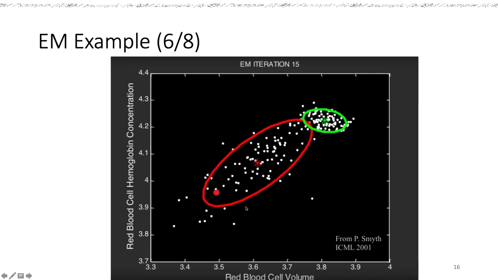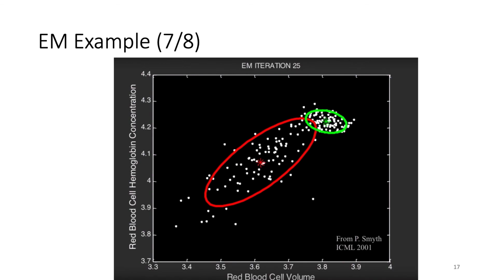Iteration number 15, 25, right? After that, we saw that the changes are very minimal, so it is a saturated point. In this case, the algorithm converges. No matter how many more iterations we go, the changes are very minimal.